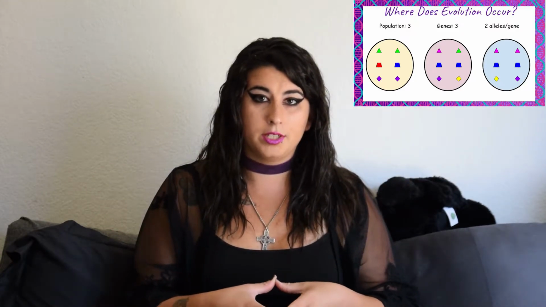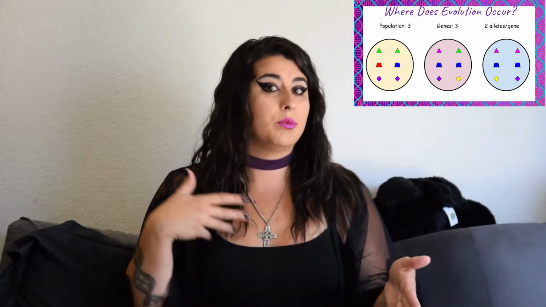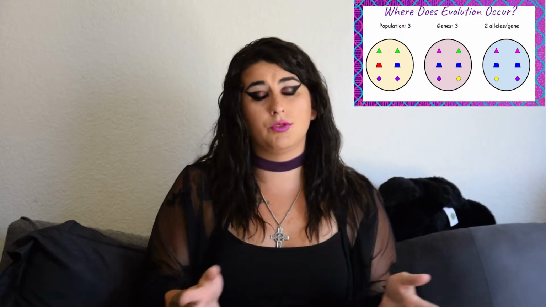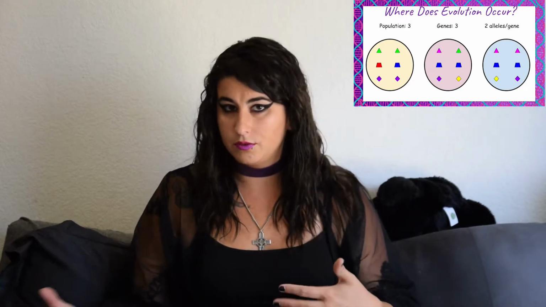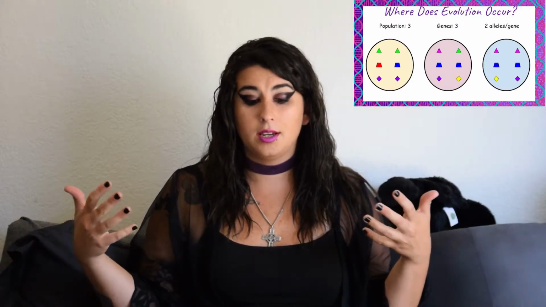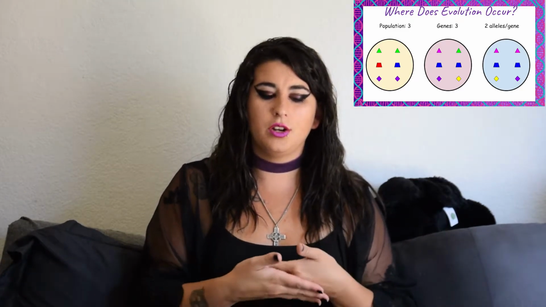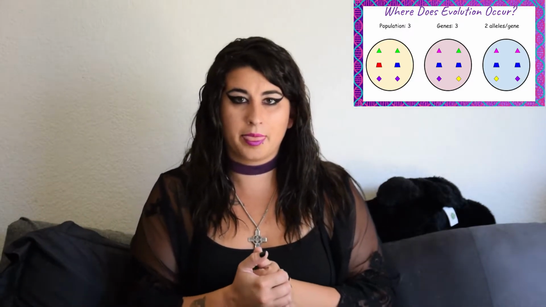These organisms are diploid, so they're going to have 2 chromosomes, and each chromosome is going to have an allele for a gene. These particular organisms only have 3 genes, but notice that they have 2 alleles for each of their 3 genes. They have gene 1, which is represented by the pink or green triangles, gene 2, which is represented by the red or blue trapezoids, and gene 3, which is represented by the purple or yellow diamonds.